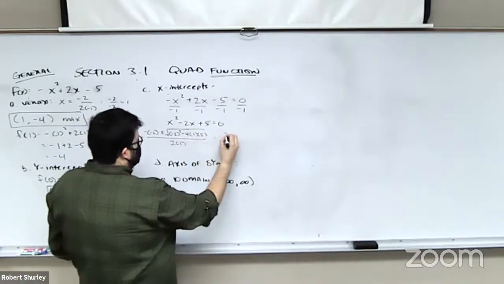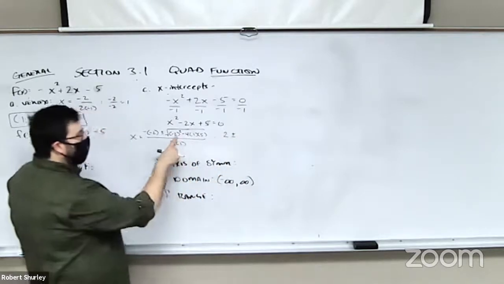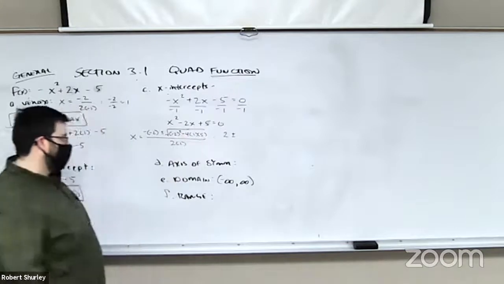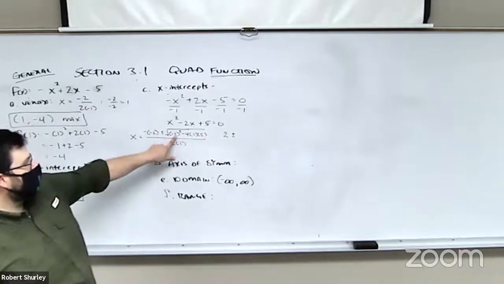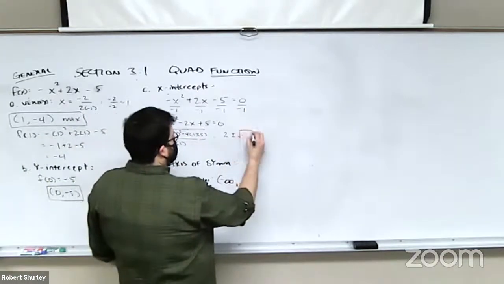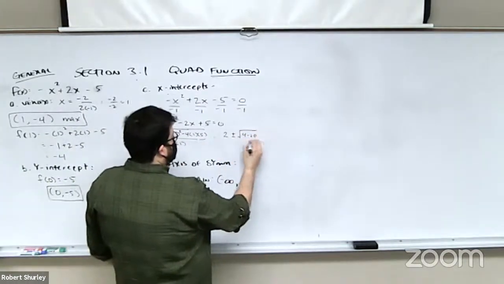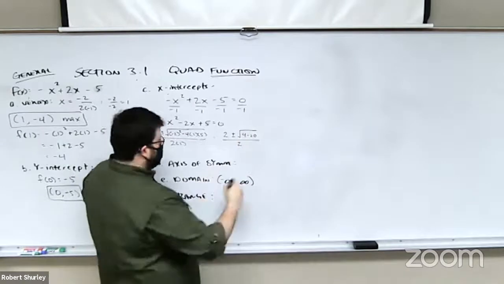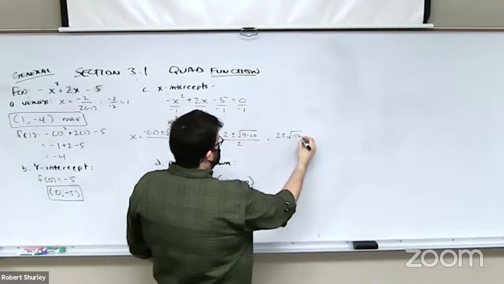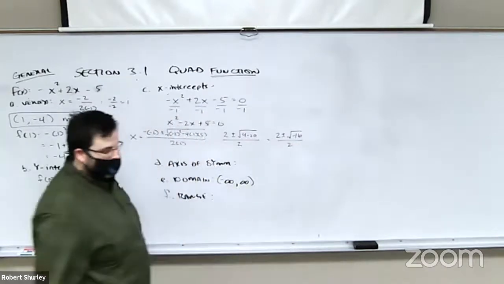So we get positive 2 plus or minus the square root of 4 minus 20, all over 2. So we wind up with 2 plus or minus the square root of negative 16, over 2.